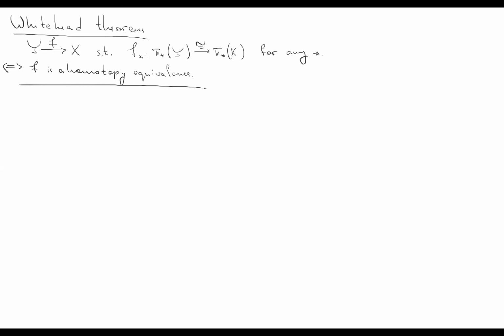So we can reduce this to the following statement. We can take X to be the cylinder of this map, and f to be the canonical embedding.